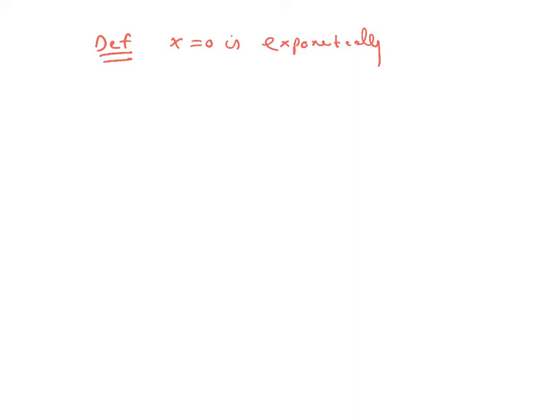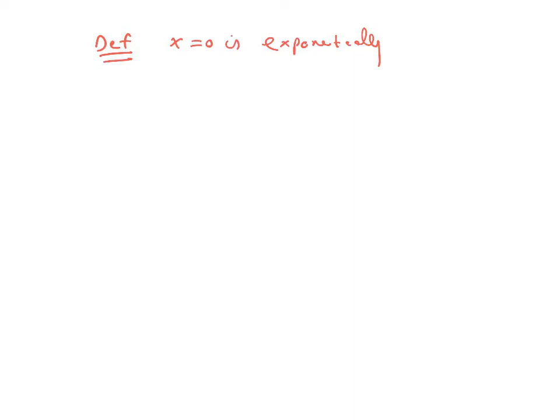Asymptotic means as t goes to infinity, x goes to 0, and it's a vague condition. You're saying that it will someday go to the origin. But in a linear system, if you're asymptotically stable, you're also exponentially stable, right? Because of those eigenvalues coming in the solution. Exponential means you go exponentially fast to 0.